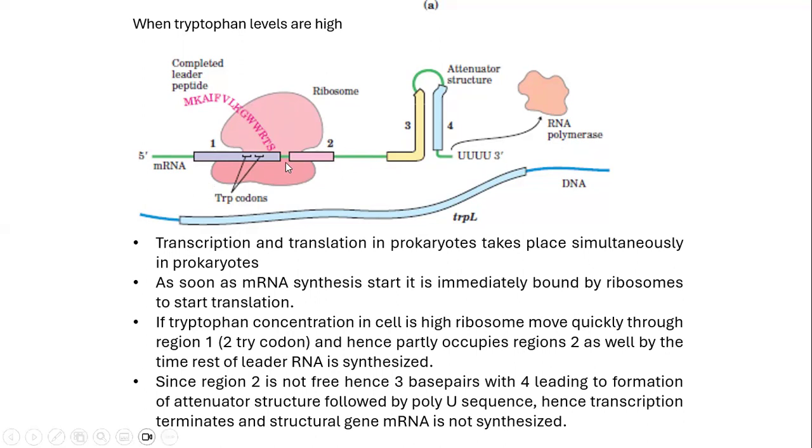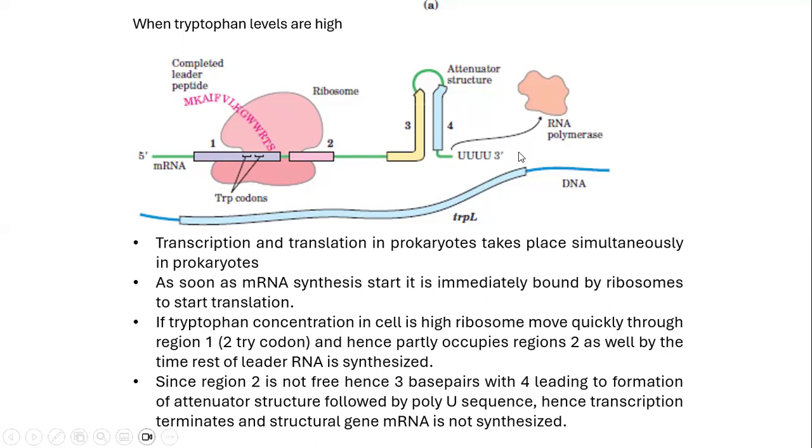Now, since region 2 is partly occupied by ribosomes, hence 2 is unable to base pair with region 3 as it is synthesized, while 3 and 4 are free and hence they base pair with each other, forming a hairpin loop like structure which is immediately followed by the poly-U sequence. These structures are recognized as an attenuator or a transcription termination signal.